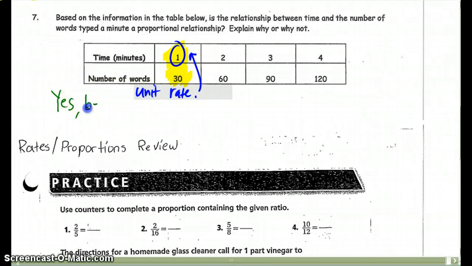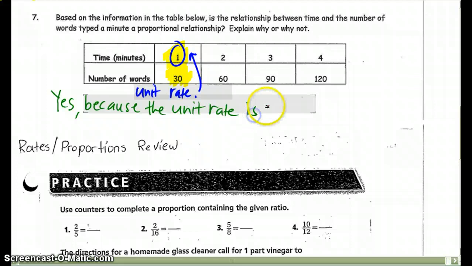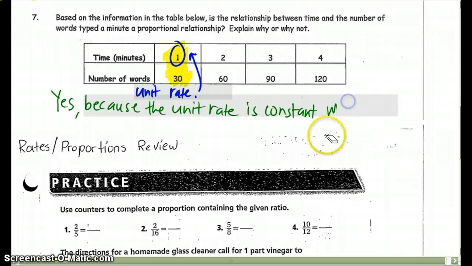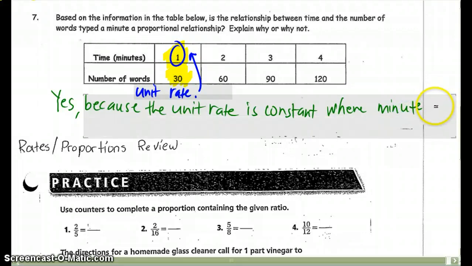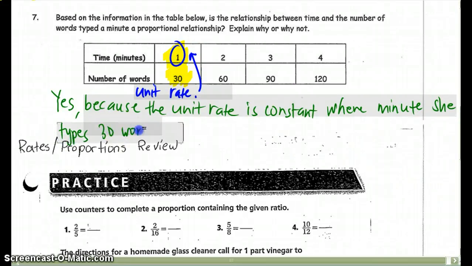So, because the unit rate is constant, where in 1 minute she types 30 words, you can see that another minute later, another 30 words.